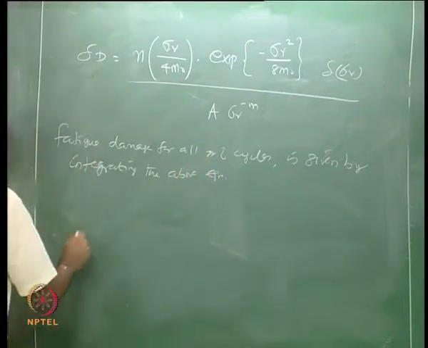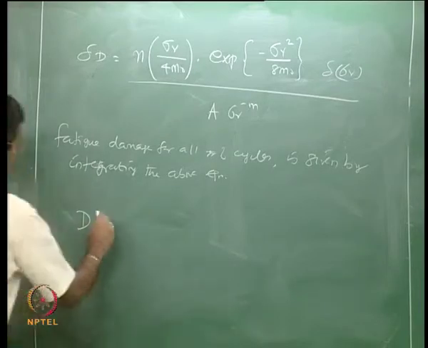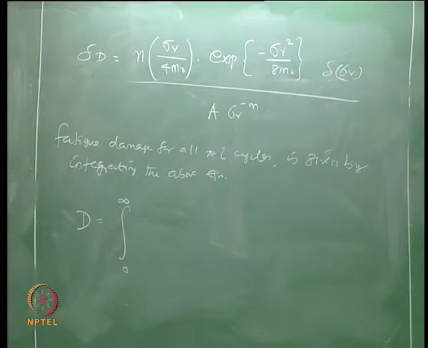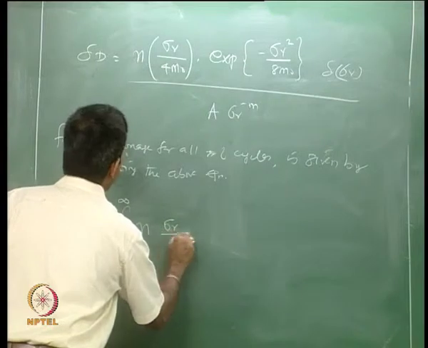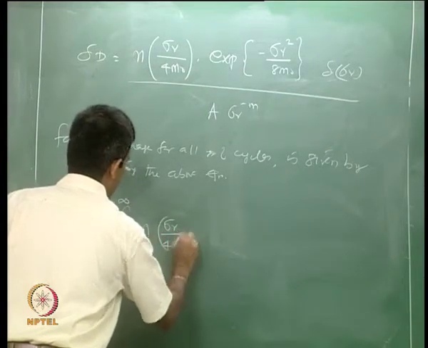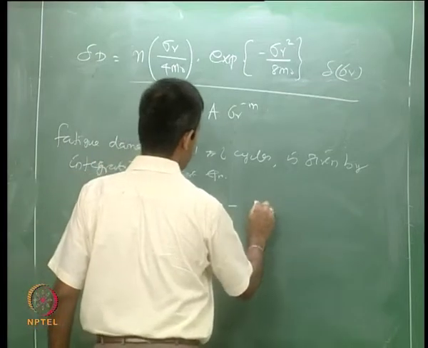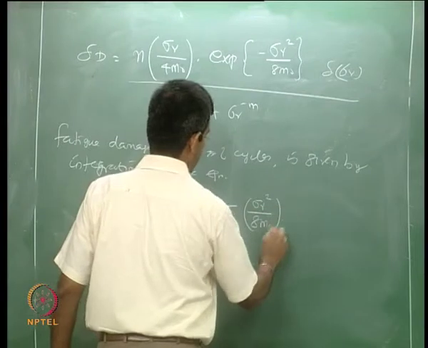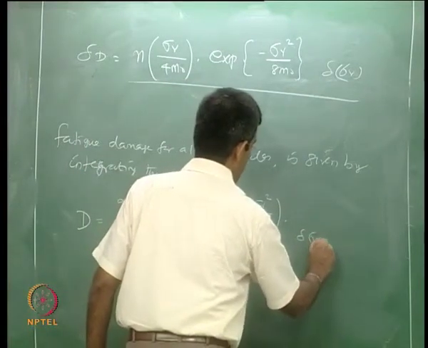Let us integrate this. So, I must get D, which should be the integral from 0 to infinity. The same equation, simply write here: n sigma r by 4 m naught, e to the power of minus sigma r square by 8 m naught, d sigma r.